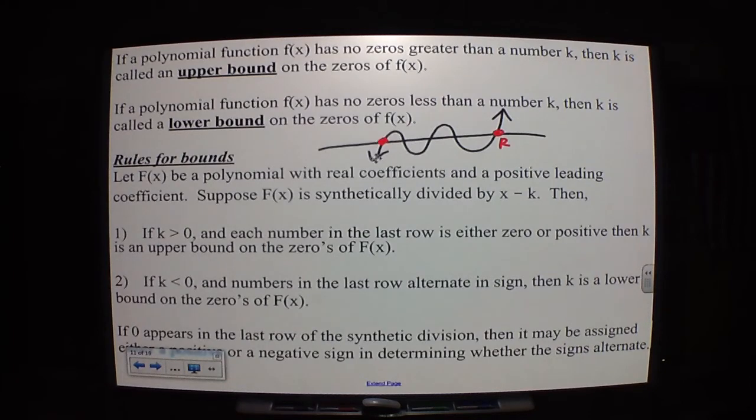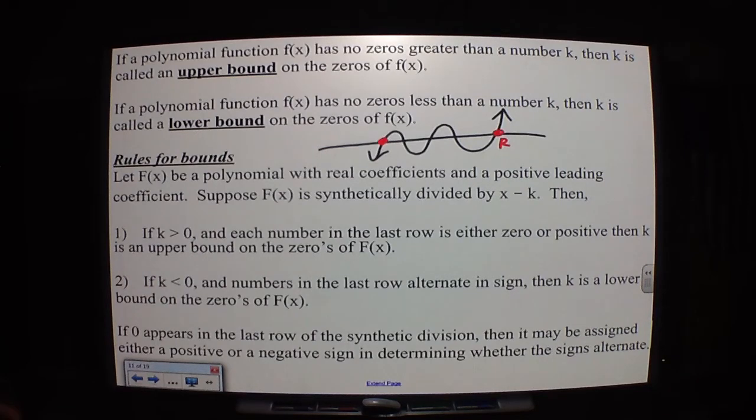If k is less than 0 and the numbers in that last row alternate signs, plus, minus, then that's a lower bound. If there's a 0 in that last row, you can call it whatever you want, a positive or a negative, to make the signs either all positive or alternate.